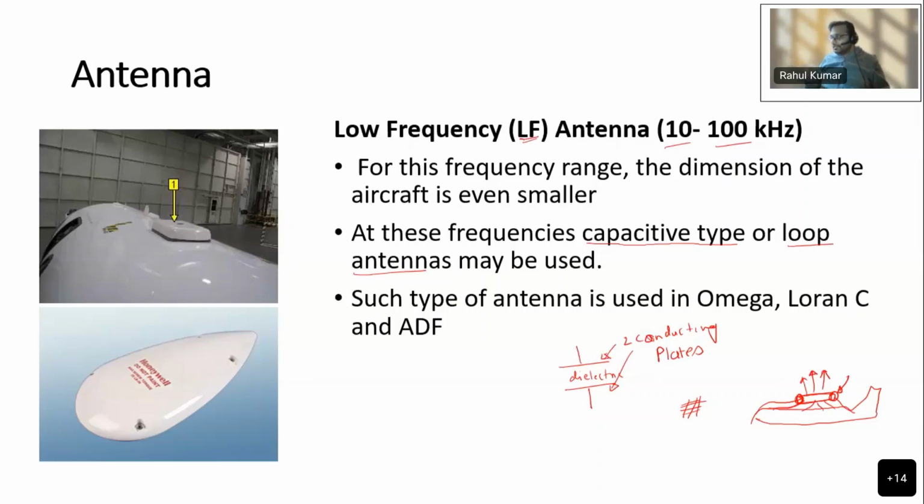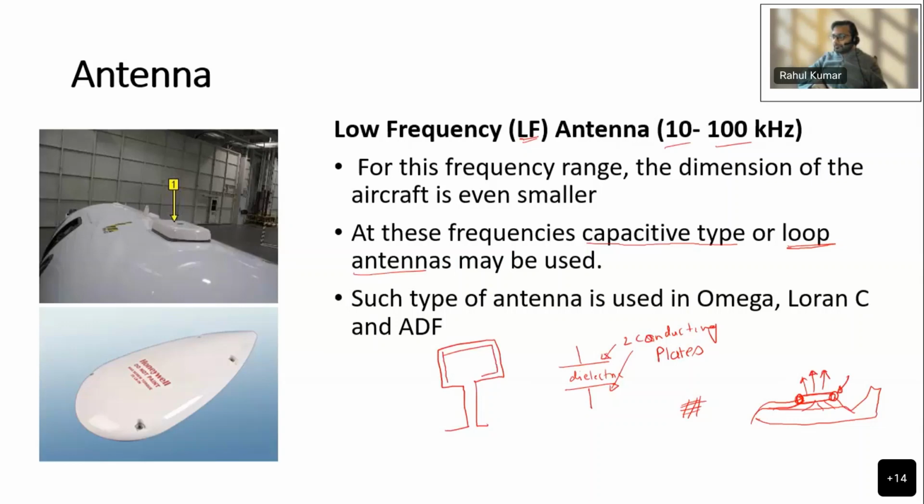The next antenna, as I mentioned, is your loop antenna. A loop antenna is basically a loop of wire, something like this. So this is your simple loop antenna. Now the field is intensified, or you concentrate more radiation, by using an iron core.